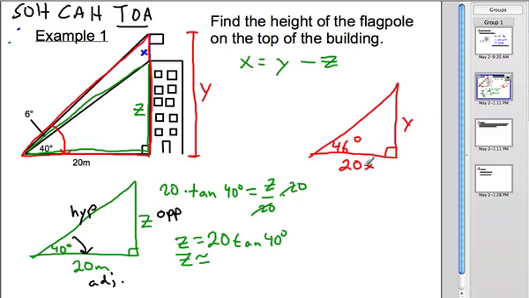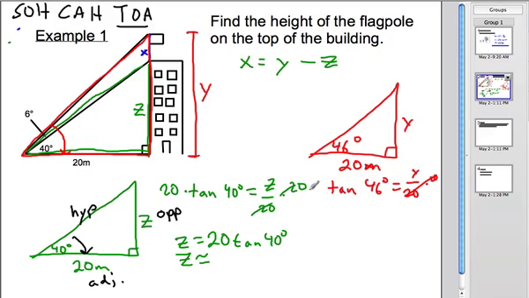Again we have opposite over adjacent, so again I'm going to use tangent. So tan 46 degrees equals y out of 20 meters.